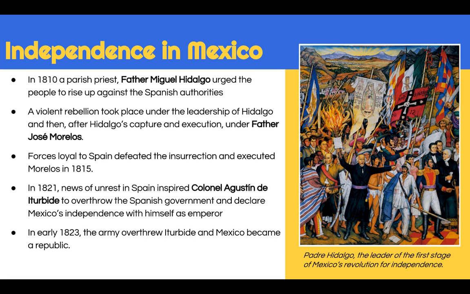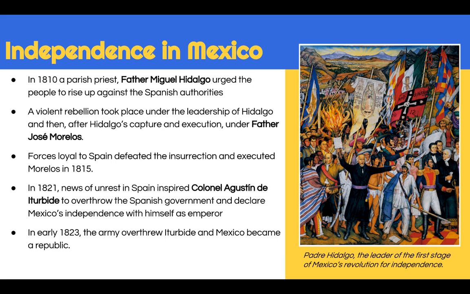But in 1821, there was even more unrest back in Spain. And so a colonel named Agustin de Iturbide overthrew the Spanish government in Mexico. He basically rises up with the army and just kicks Spain out. And because Spain is in turmoil itself back in Europe, they are in no position to put down this rebellion.